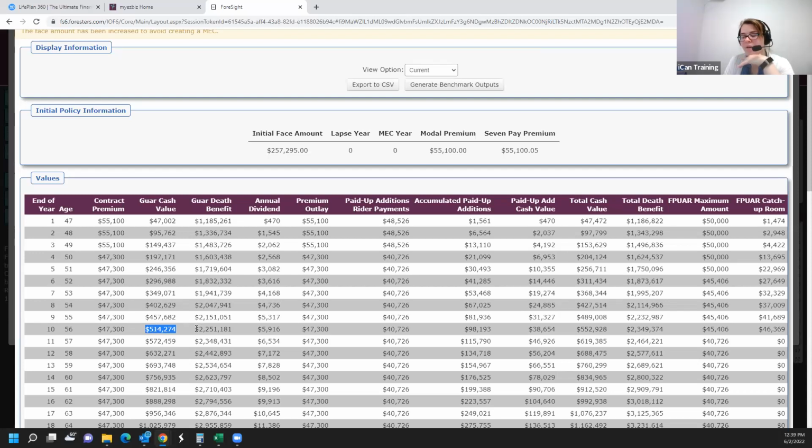Basically how that works is the life insurance company is willing to loan you money at an incredibly low interest rate because it's a zero risk loan, because this is a whole life policy. So they are guaranteed to get their money back, because the two things in life that are guaranteed are death and taxes.